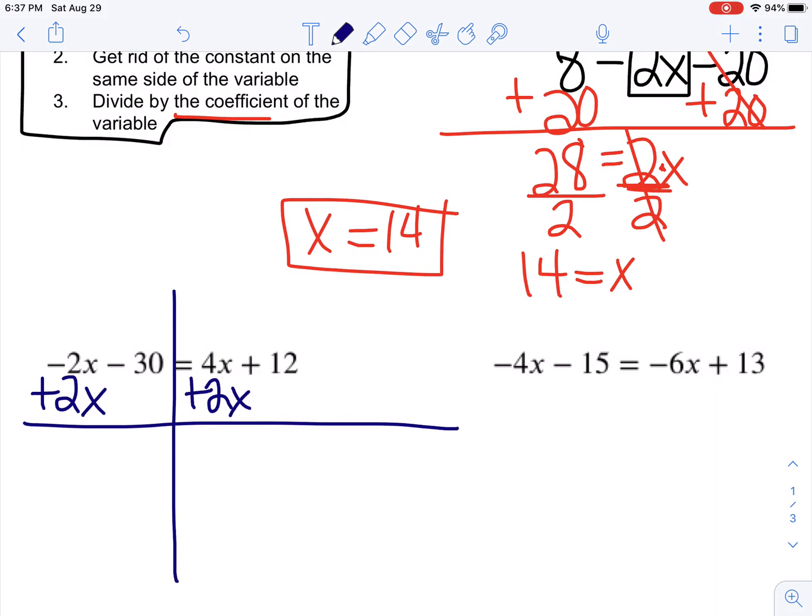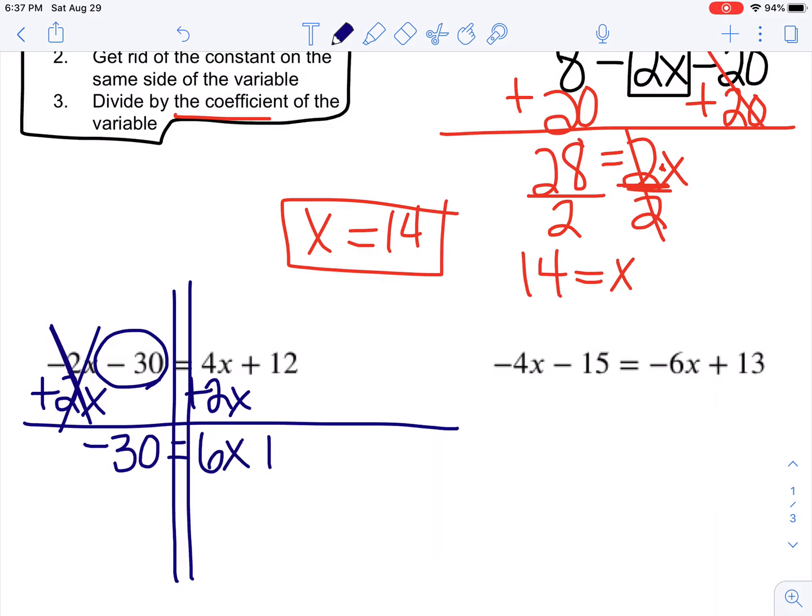Sometimes people put a line down where their equal sign is to separate the two sides of the equation, and you can do that if you like. And then be careful when you cancel out the x's, what's left is this minus 30, which makes that a negative 30 equals, and then 4x plus 2x is 6x, and you have plus 12.